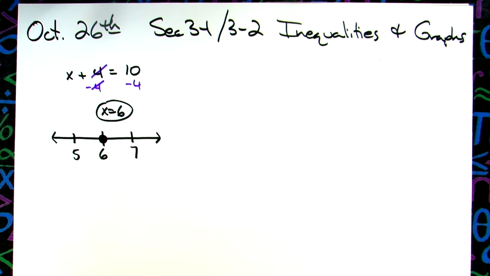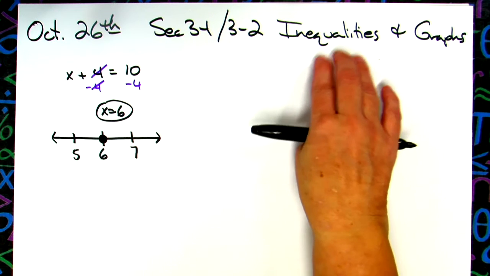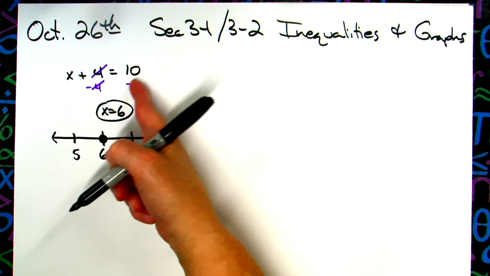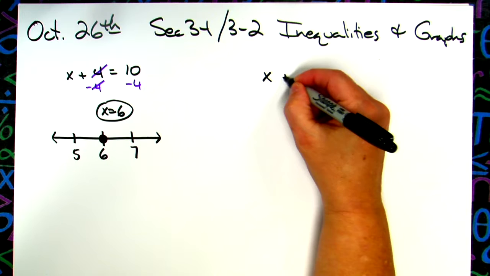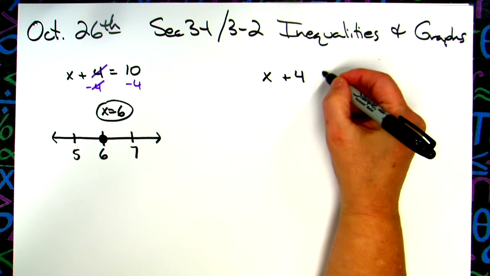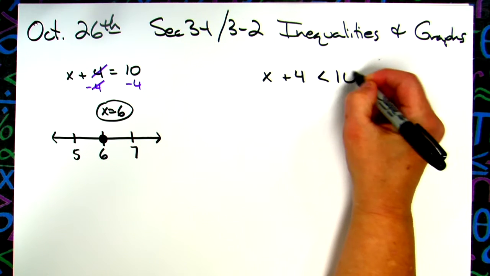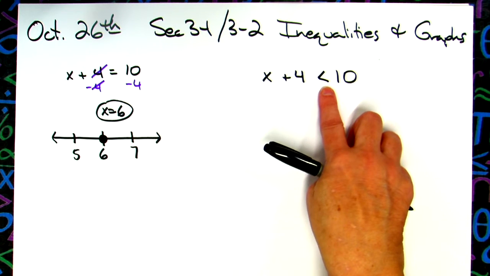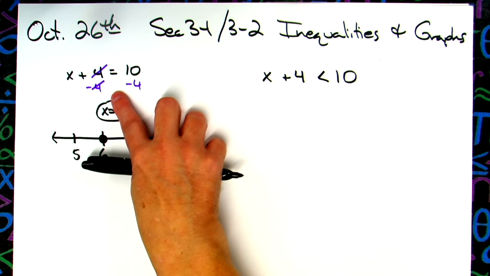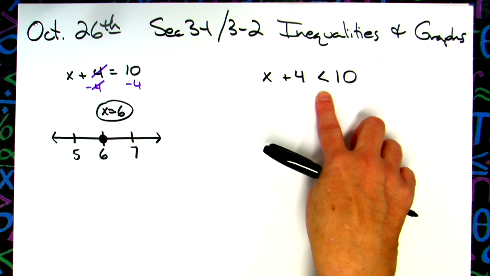So now we're going to do inequalities. Instead of having this, we might have, I'll do the same numbers, x plus 4, but then maybe less than 10. So the only thing that's going to be different is that symbol right there. If you can solve it with an equal sign, you can solve it with an inequality because you do it the exact same way. You isolate your x.